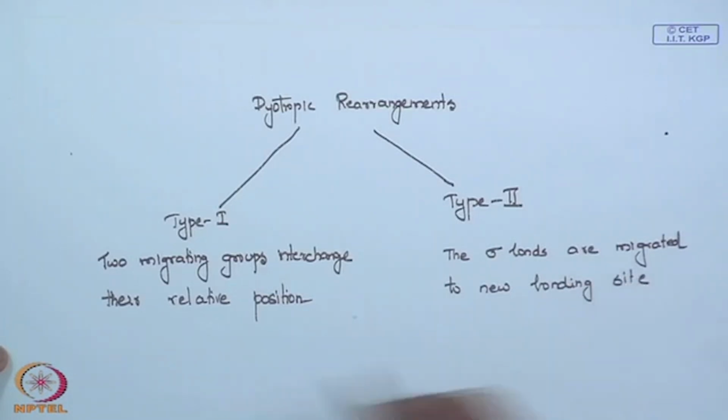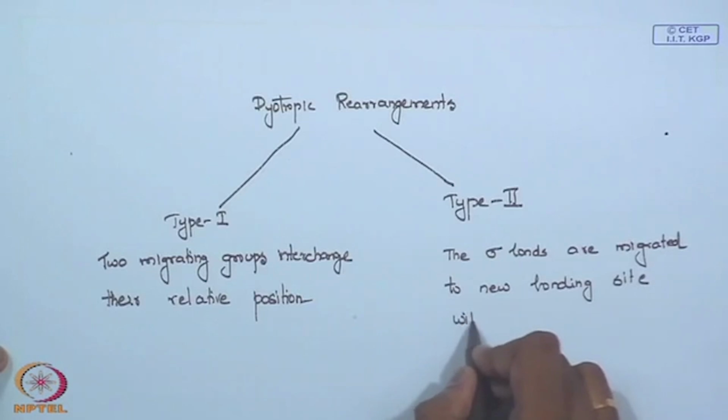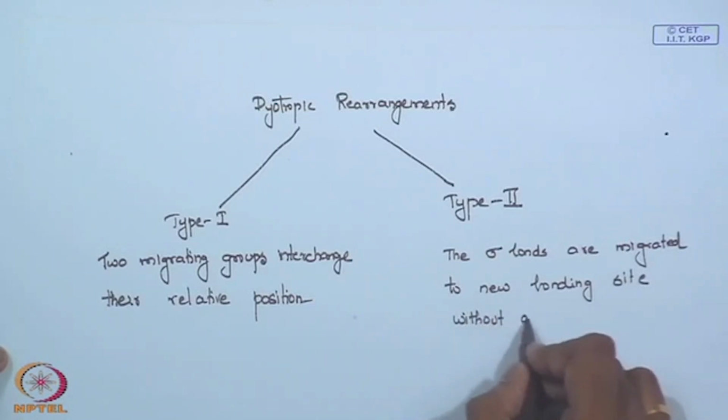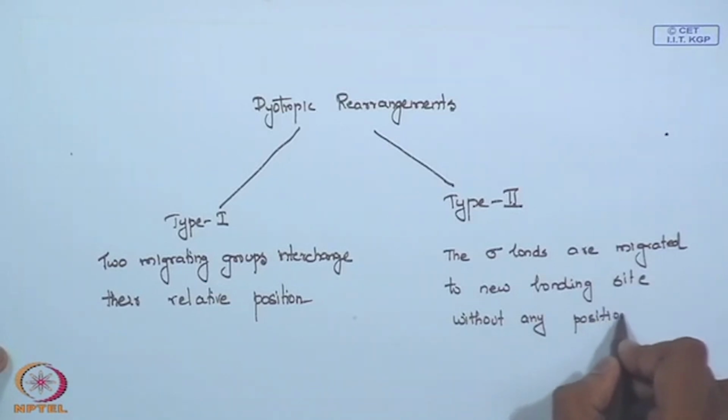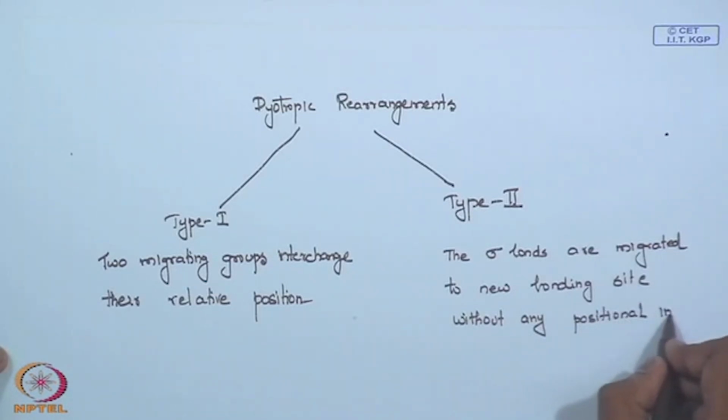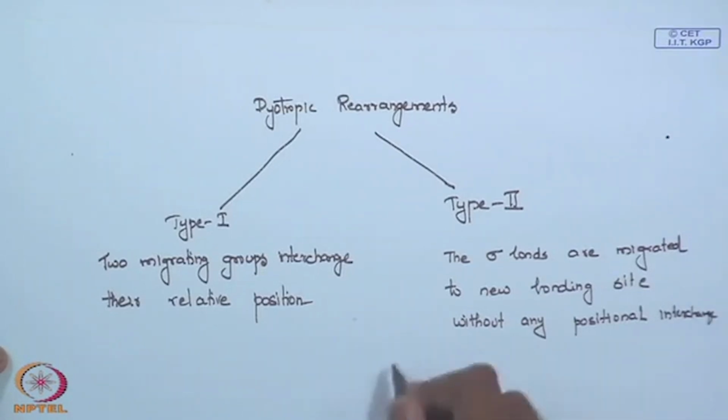But important is that there is no positional interchange for groups.